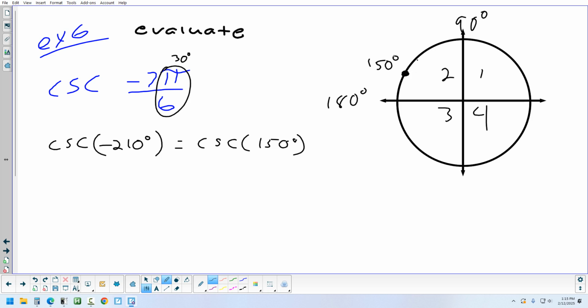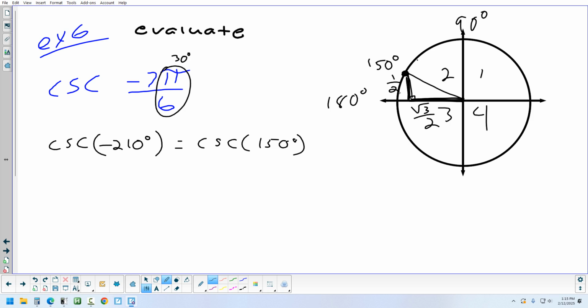Okay, make your triangle. So we've got long side, short side. What's the long side? Square root of 3 over 2. And the short side? 1/2. Now when you write the coordinate, make sure we include the negative.